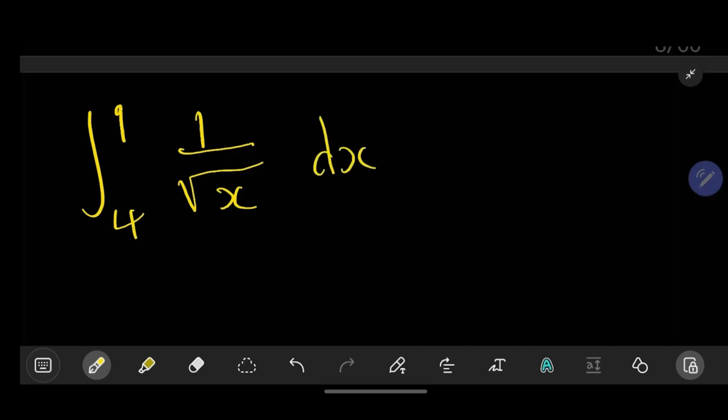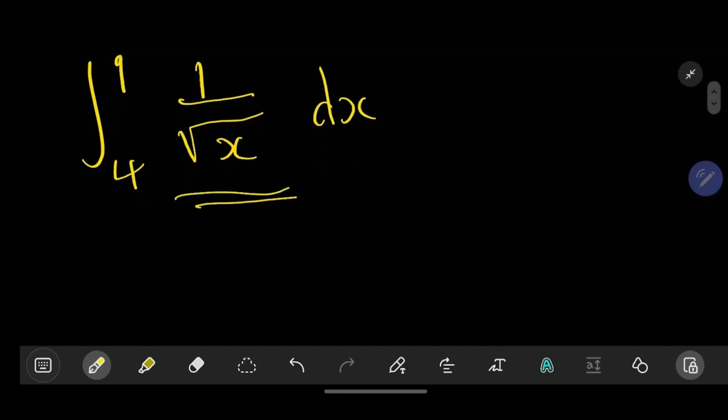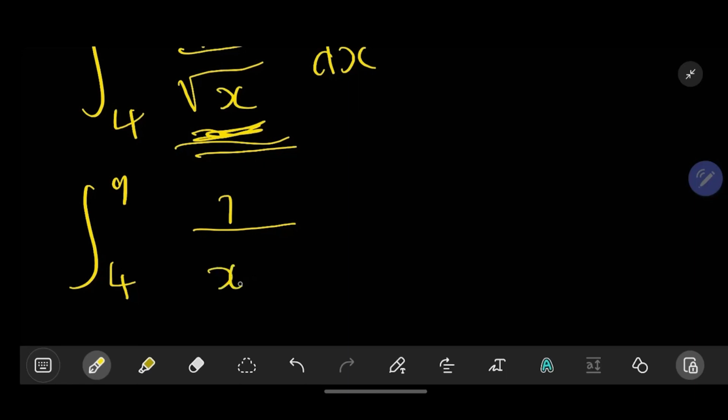What do we do first? We can rewrite this as the integral from 4 to 9 of 1 over x to the half dx.